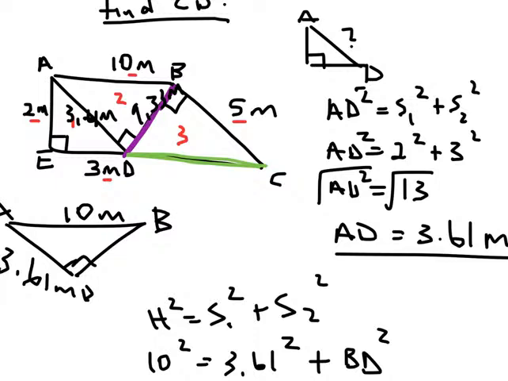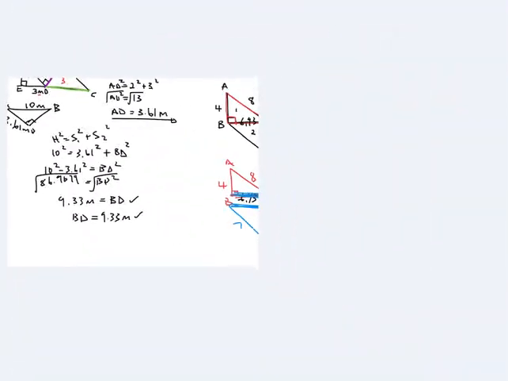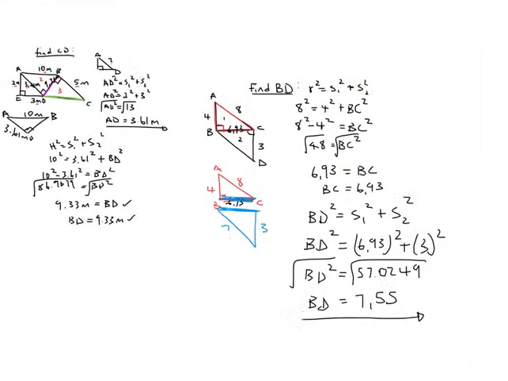Remember, side CD is that one. So that means you are now at the final stage of your calculations, where I will need to just redraw the triangle and say we have that and that, whereby we just calculated this side to be 9.33 meters, and then this side to be 5 meters.